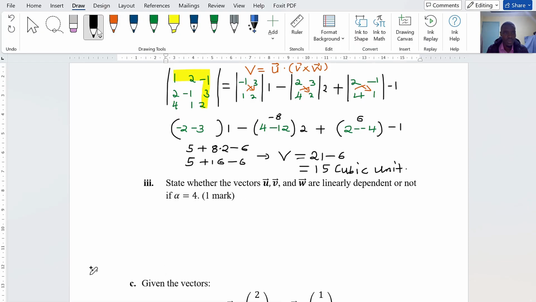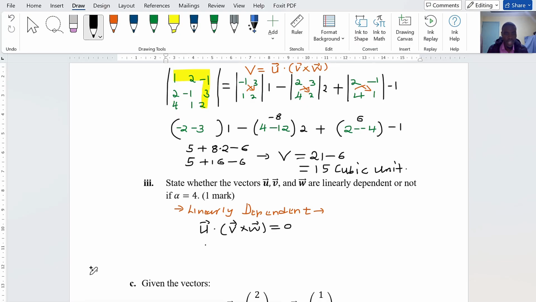We also have another definition: for linearly dependent vectors, very important, if there are 3, then the scalar triple product, which is u dot v cross w, must be equal to 0.